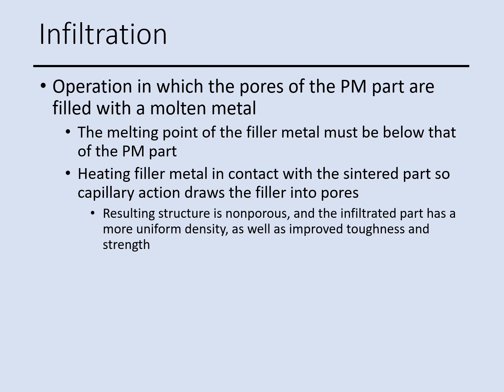One criterion for infiltration is that the melting point of the filler metal must be below the melting point of the powder metallurgy part. So, for example, if you have steel or iron, they have a melting temperature of 1400 degrees C.